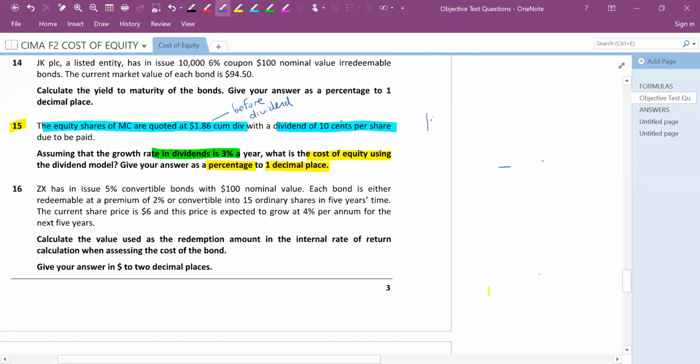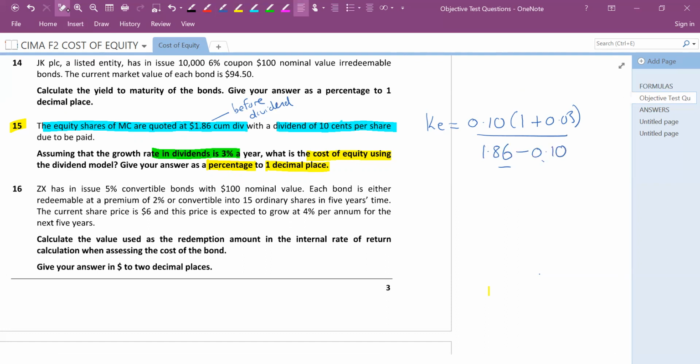So here then, cost of equity equals the dividend at D0, if you like, multiplied by 1 plus the rate of growth, divided by the ex dividend share price. Remember the ex dividend share price, so I need to deduct the dividend from 186 there.